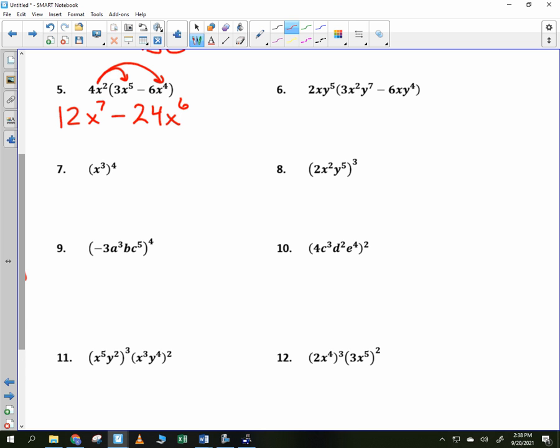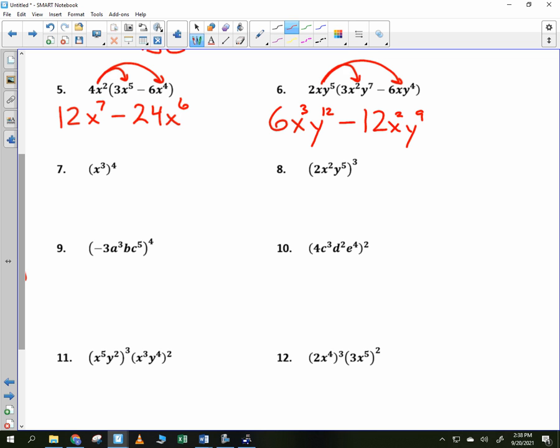Try number 6 on your own. Finish that one up, you can look up and check.